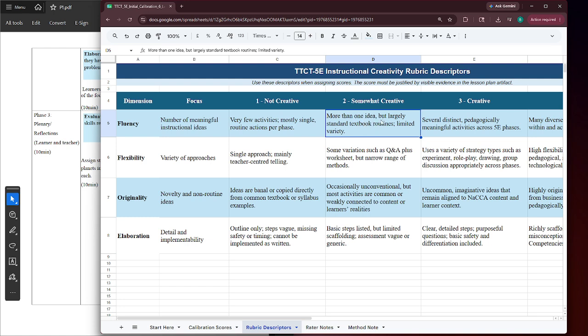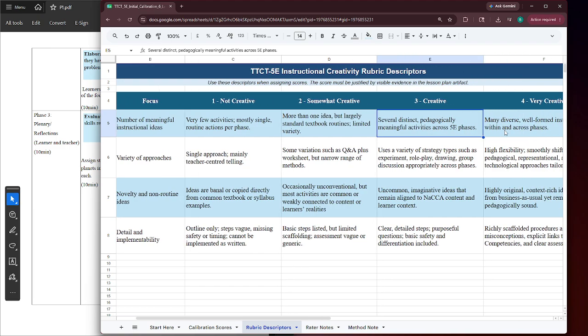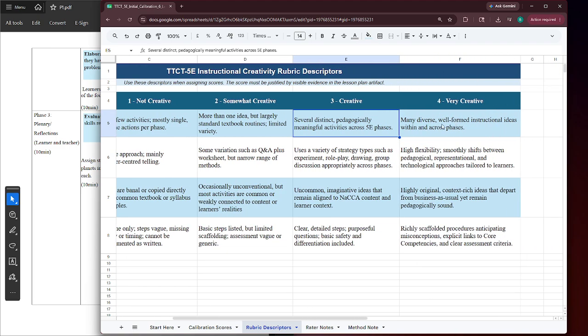More than one idea, but largely they are standard textbook routines. Or they have limited varieties, but we know there are a lot of varieties in the instructional ideas. So several distinct pedagogical meaningful activities across the 5 phases. Then we check the last one. Many diverse, well-informed instructional ideas within and across the 5 phases.